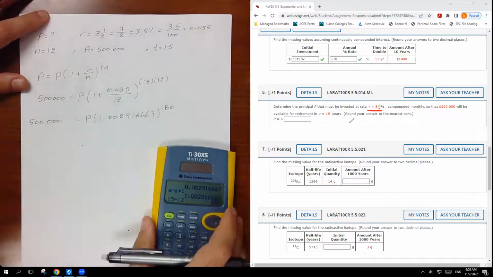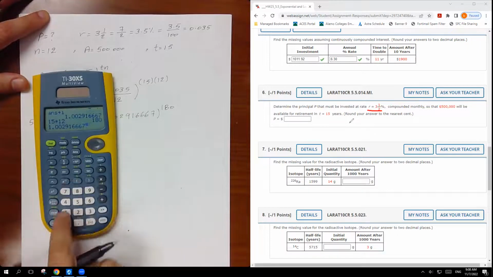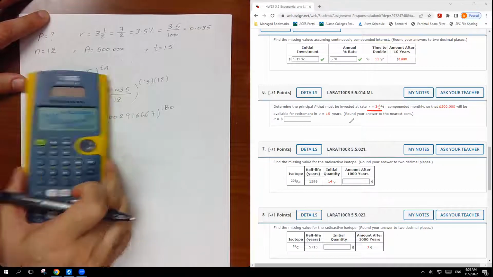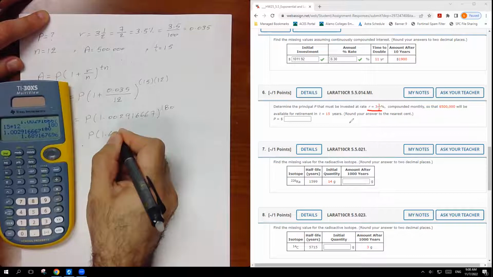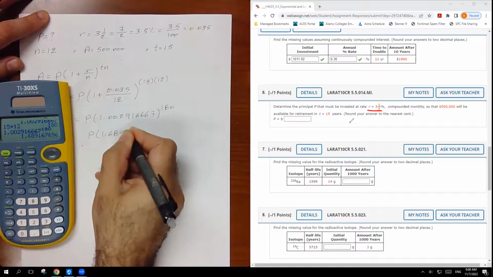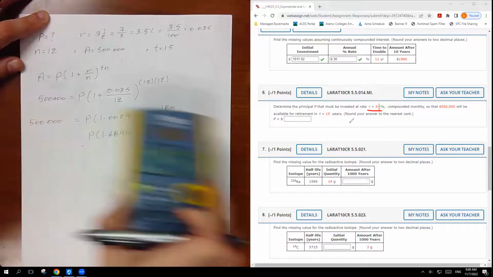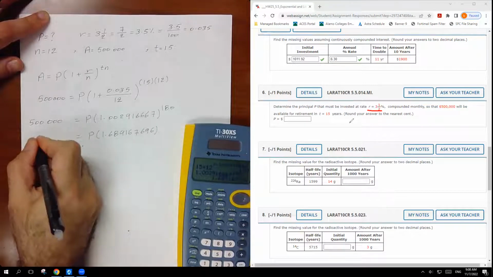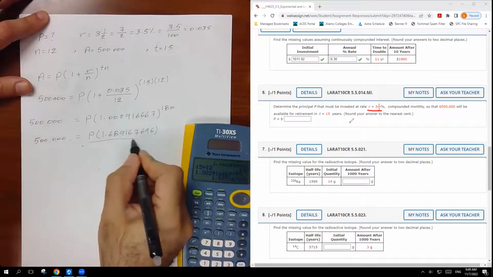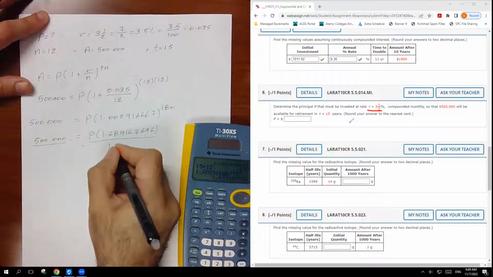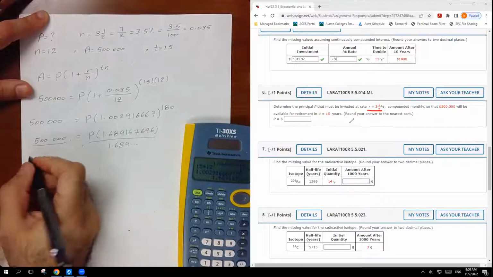Now let's simplify this one, which is this number to the power 180. So it's going to be P times 1.689167696 equal 500,000. Then divide both sides by this number here to find the value of P. 500,000 divided by 1.689 and keep going on this number.